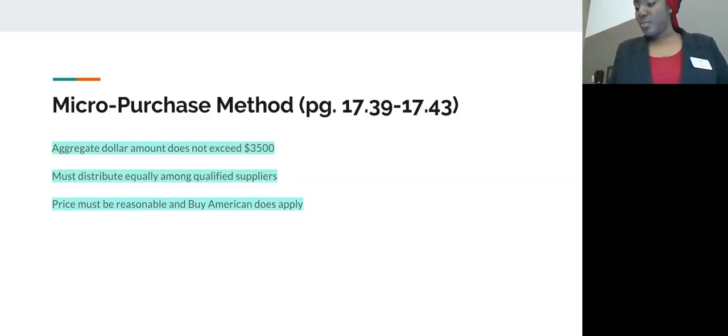However, what they're really saying here is that you can use it, but at the same time, they want you to not abuse that particular method.